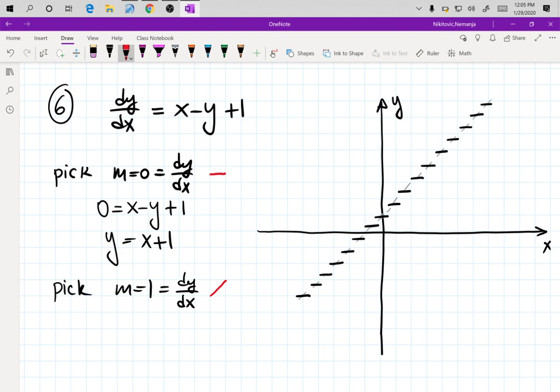Once you get the gray line, because you have a 1, it's y equals x. So let's plug our slope in for dy/dx, that's 1 equals x minus y plus 1. So y equals x is our isocline here. So I get to draw a 45-degree line lightly through the origin.